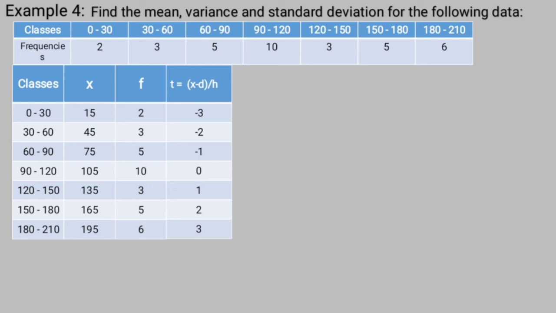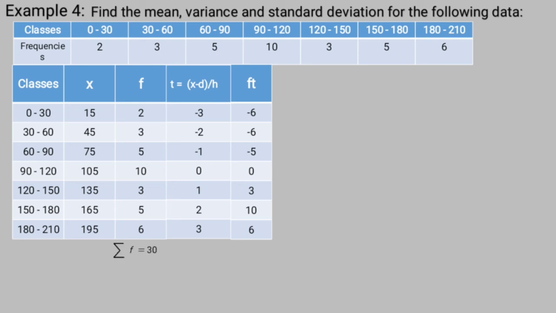That is what I have written, only the T value. Now I'm going to find f into t. That is 2 into minus 3, 2 into minus 3 is minus 6. And 3 into minus 2. And 5 into minus 1 is minus 5. Like that I have multiplied this f and t.